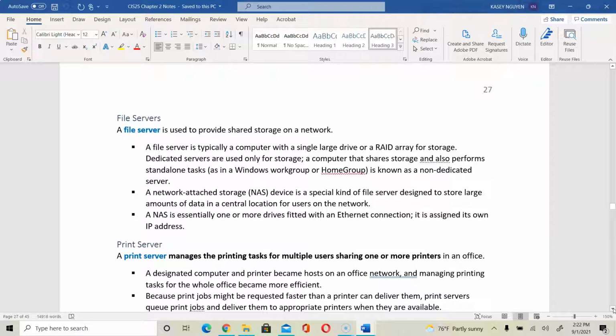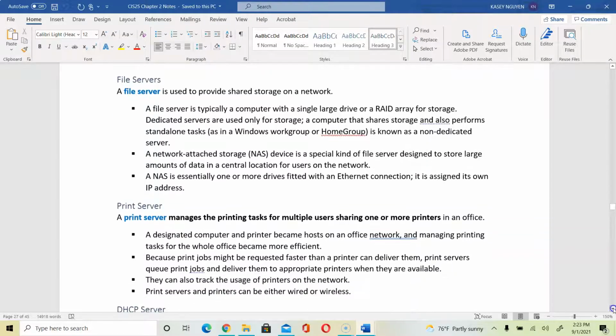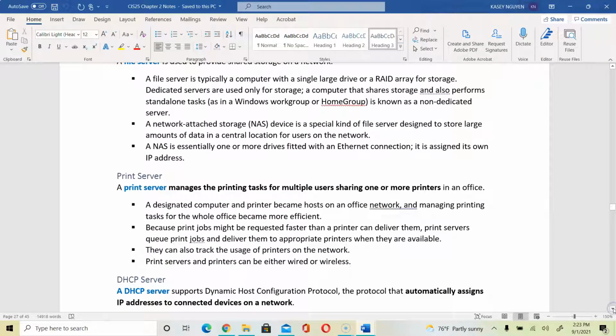NAS is important in that you can centralize the file storage, but not all networks would have that because of the incurring costs and maintenance. You would also have print servers, and print servers are designed to manage prints. So in a larger network, there will be a lot of prints, like printing receipts, printing invoices, things like that.